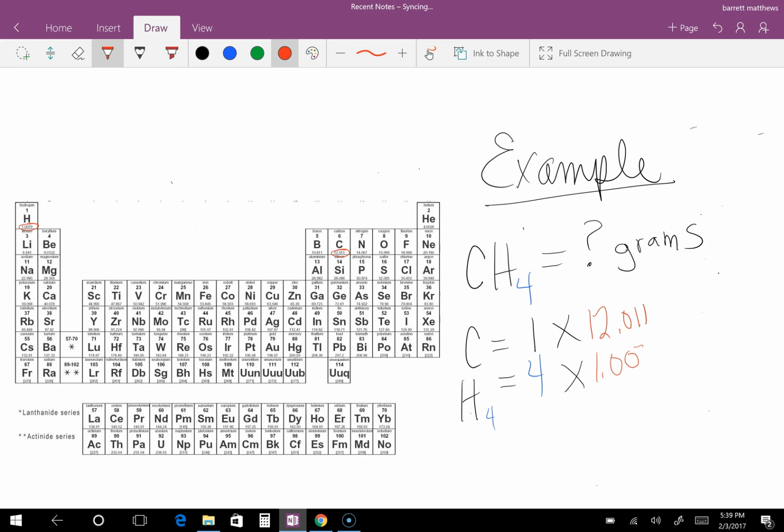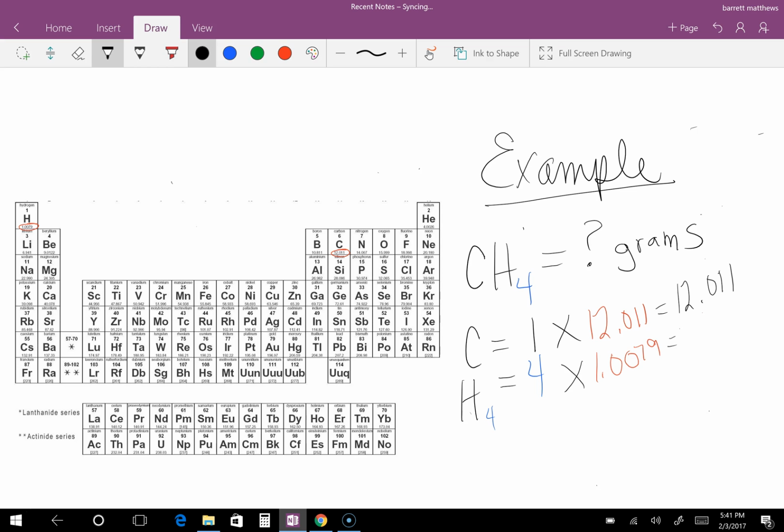So I will end up with 4 times 1.0079 for hydrogen. 1 times 12.011 for carbon.